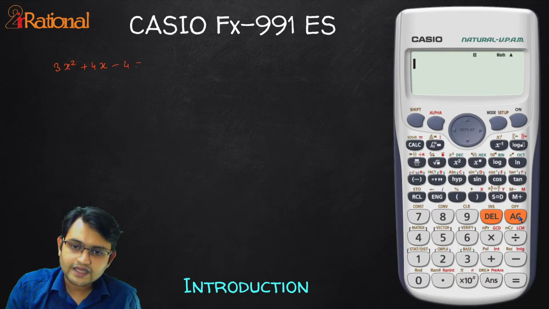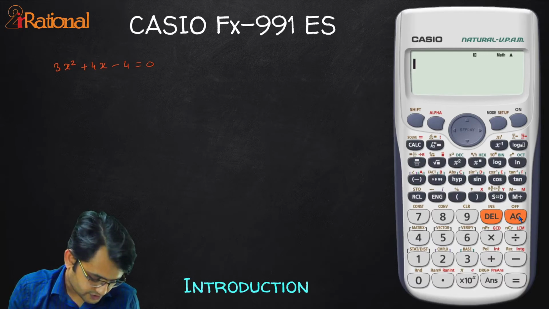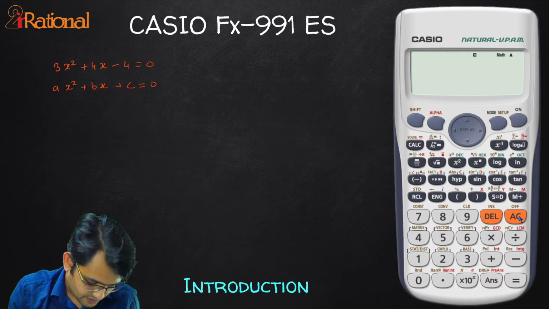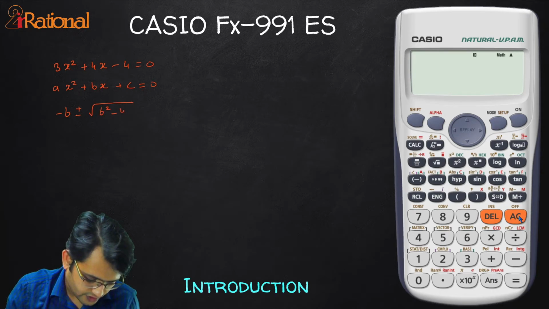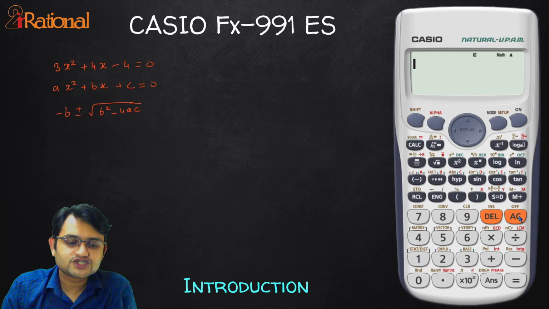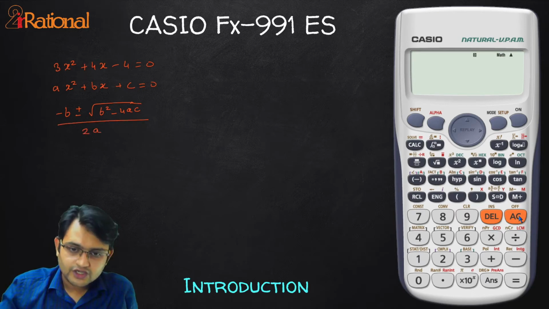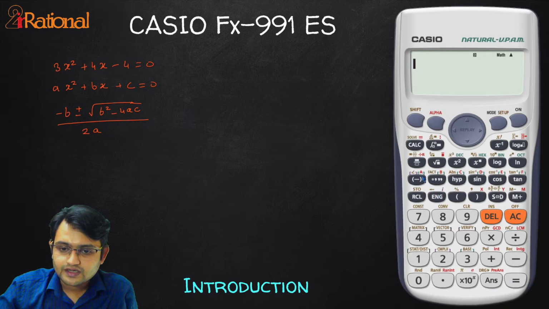So we know for any quadratic equation, that is ax square plus bx plus c equal to 0, the roots are nothing but minus b plus minus under root of b square minus 4ac upon 2a. So if I want to write such a complex equation in our calculator, we can do that. First of all, we want a fraction. I'll use this and I get a fraction.